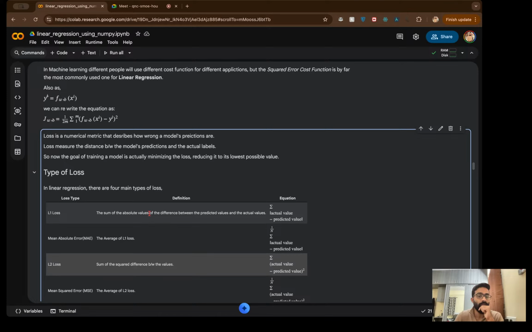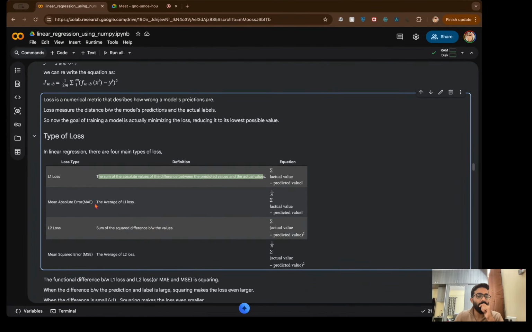We are not concerned about the real values. We are concerned about the absolute values of the difference between the predicted value and the actual value. This is called L1 loss. The sum of the absolute values of the difference between the predicted values and the actual values. Right?